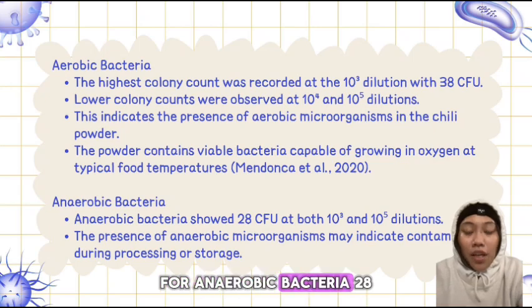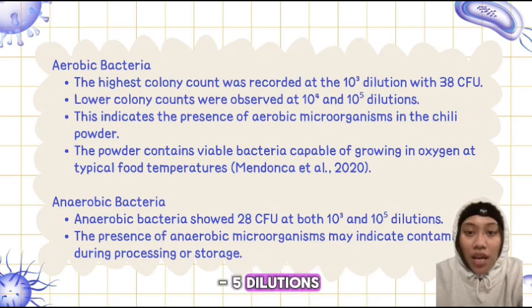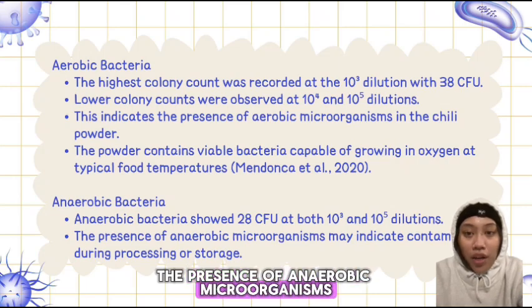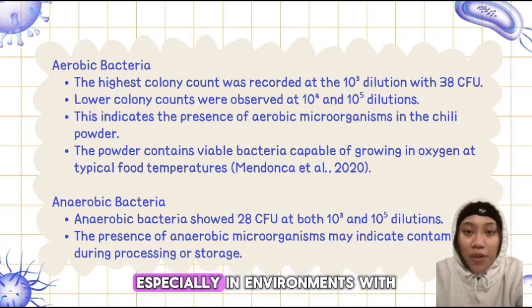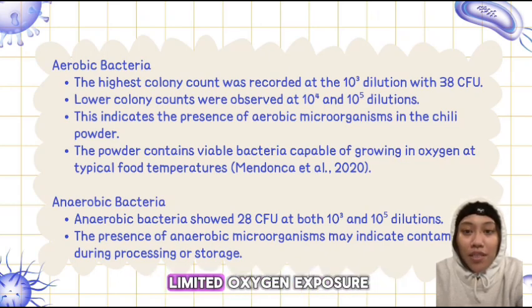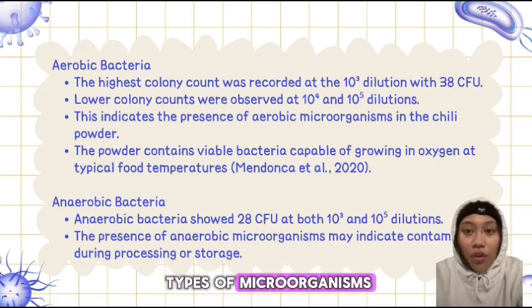For anaerobic bacteria, 28 CFU were recorded at both the 10^-3 and 10^-5 dilutions. The presence of anaerobic microorganisms may indicate contamination during processing or storage, especially in environments with limited oxygen exposure. This shows that chili powder can support the survival of different types of microorganisms if not handled properly.